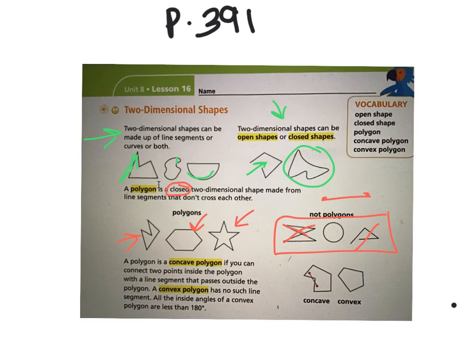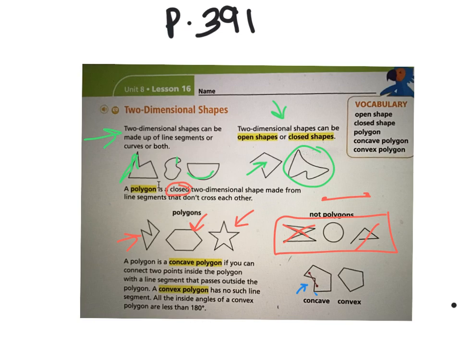Okay, so the next one we'll look at is that a polygon is a concave polygon if you can connect 2 points inside the polygon with a line segment that passes outside. So from here to here, you can tell that it's going outside. Let me erase that. So it went outside. You can see it a little bit there. It went outside of the shape. A convex polygon is really what you are all used to seeing.